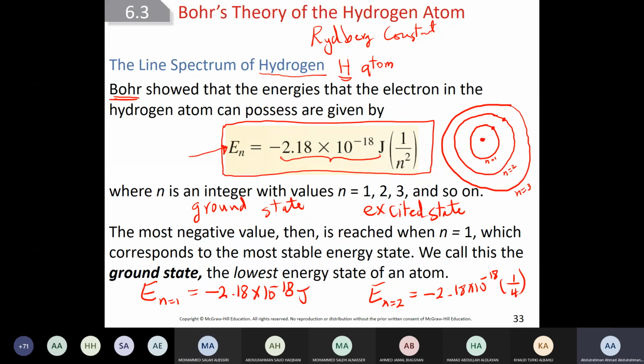Very good. Now, can we have the difference, delta E of 2 to 1?